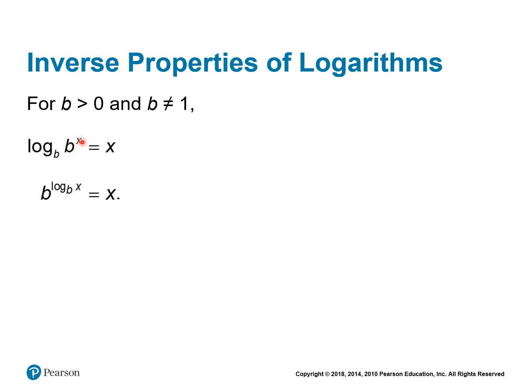This b to the power x is an exponential expression, right? This is an exponent here. So the base of the exponent is a b and the subscript of the log is also a b, right? When that is the case, then the evaluated result will always be equal to whatever this exponent is.